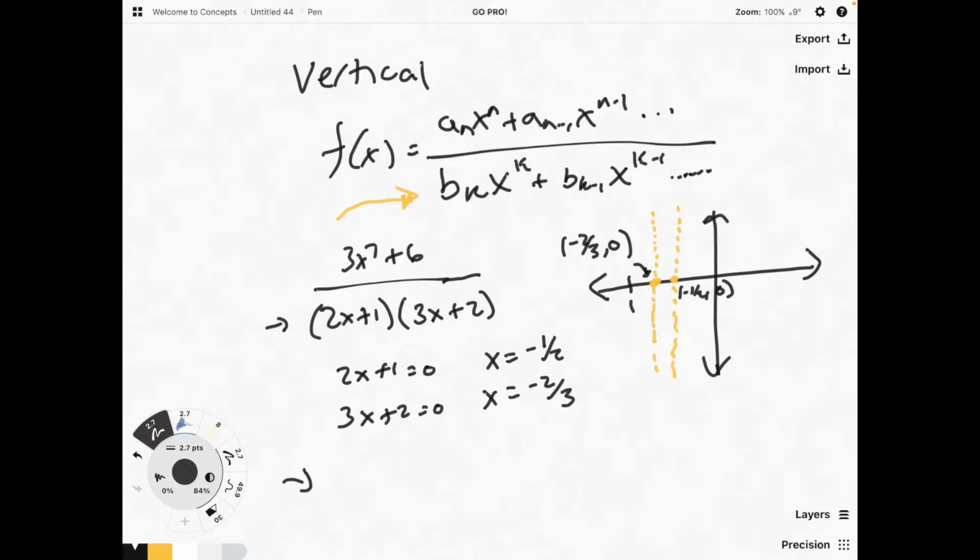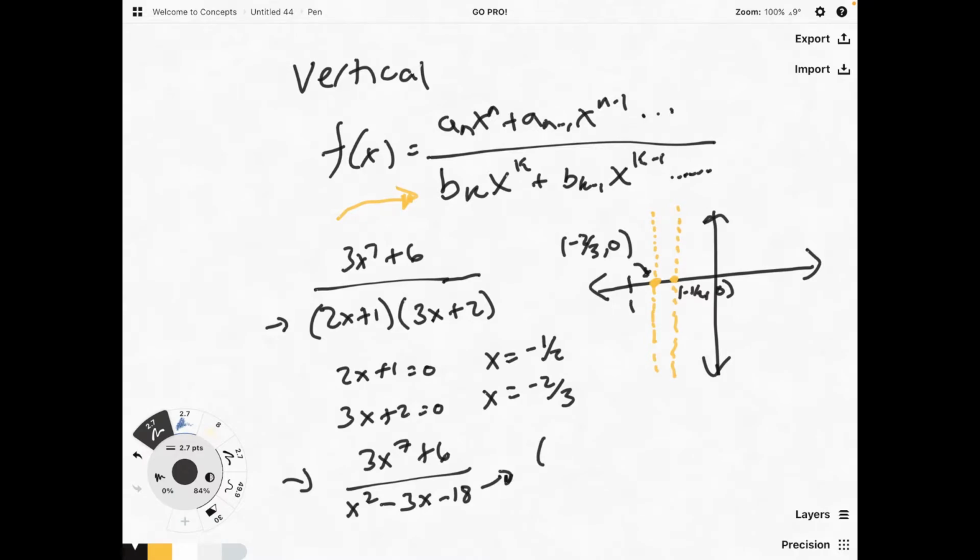If we look at another function, let's say we have the same numerator. This time we have a denominator that is x squared minus 3x minus 18. Then in this case, all you would need to do is factor this down.